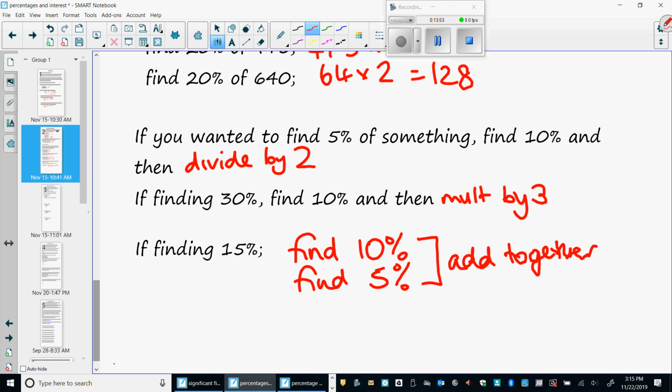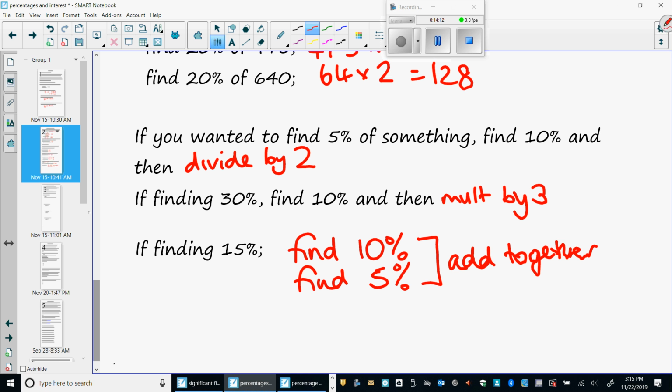Emily? So if it says find 20%, I'm like, okay, well, I know that 10% of 35 is 3.5. Will they say find 10% and then find 20%? No, you need to know how to do that.